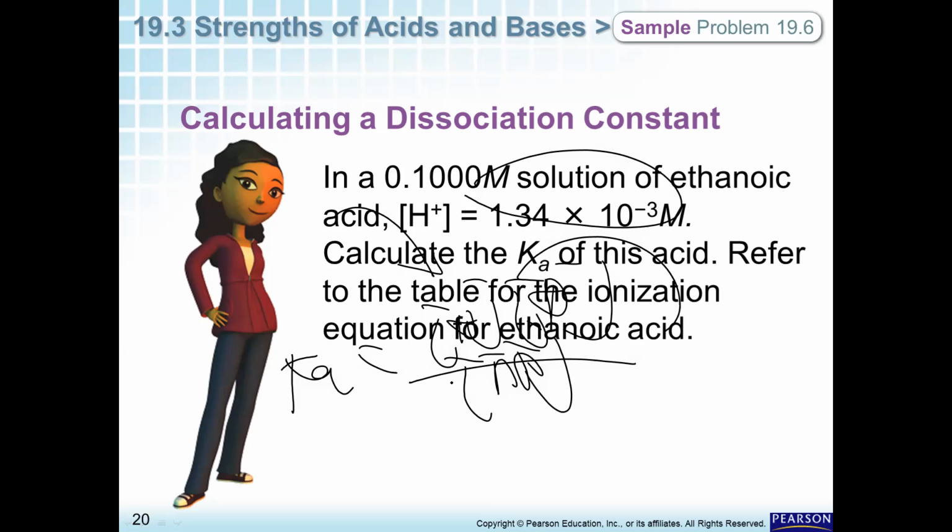The two little purples, one purple and one pink, they were equal. So this is the same as A minus, the same as H plus also. So that is given. Now we come to this guy, the short green, which is equal to the big green, which is 0.1, minus one of the purples. So 0.1 minus this one is going to give you the equilibrium concentration. You substitute and you get the answer. Like that. Let me move back to the computer again.